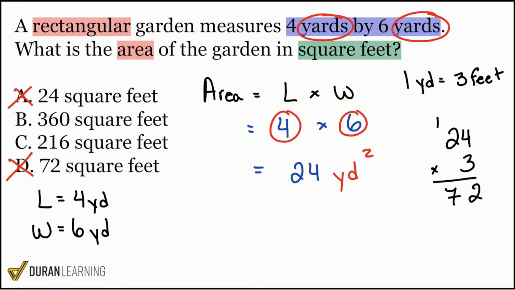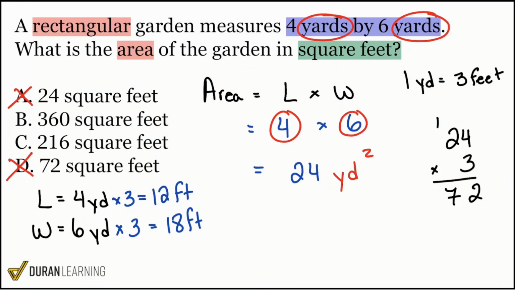We'll go ahead and multiply by 3. So check this out. If I multiply the 4 by 3, I end up getting 12 yards. Or 12 feet, now that it's converted. However, everybody, I still have to multiply the width by 3 as well. Notice that this is still in yards. So I'll multiply by 3 again, and that's going to be 18 feet.